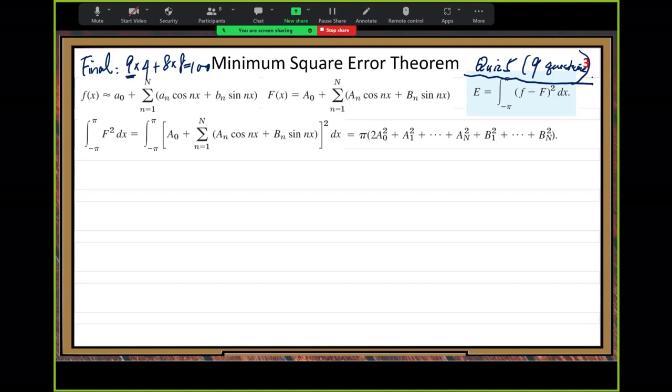So here we take advantage of orthogonality. When you see the sum of squares, can you connect to another famous theorem related to the sum of squares? Yes, the Pythagorean theorem: a squared plus b squared equals c squared.